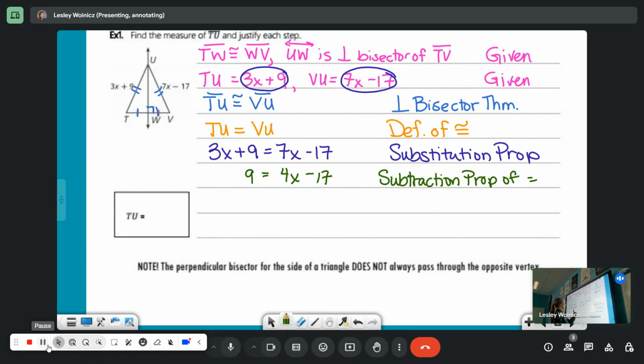Adding over my 17 gives me 26 equals 4x. That is my addition property of equality. Dividing both sides by 4 gives me 6.5 for x. That is my division property of equality.